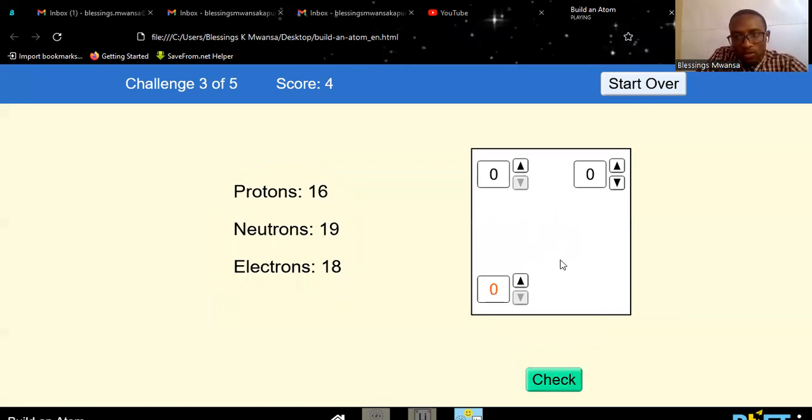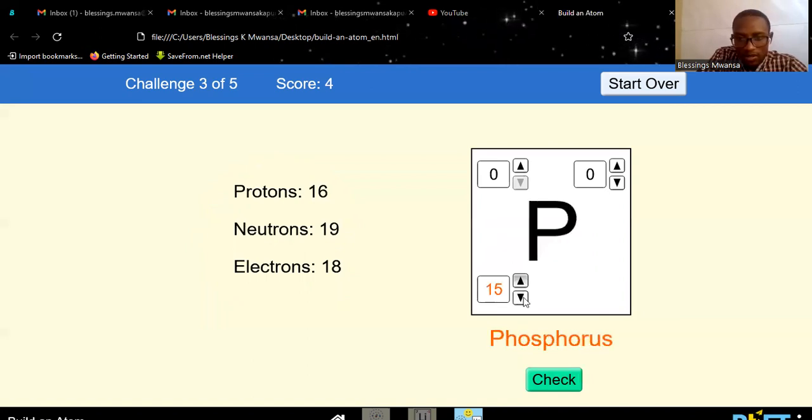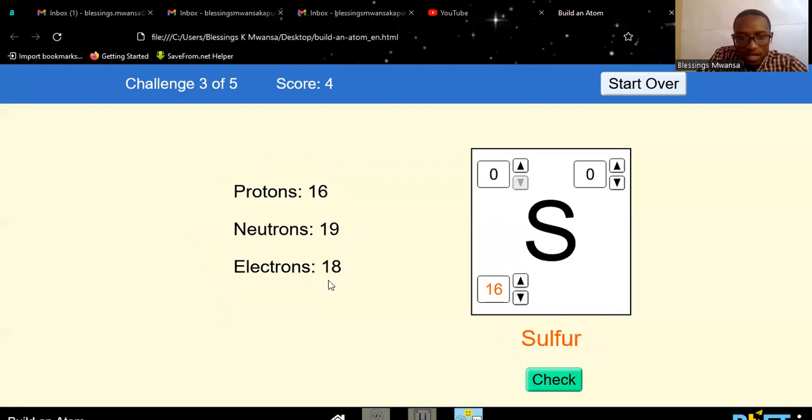Again, we are required to build a nuclide. How many protons? 16. So we know where to find the proton number. How do we get the mass number? Exactly. So you add this to this, and 16 plus 19 will give me 35.